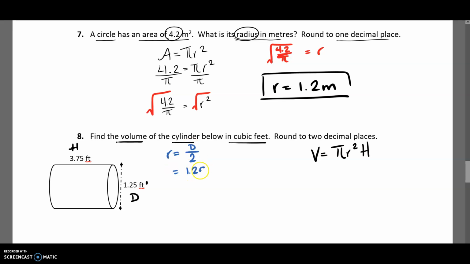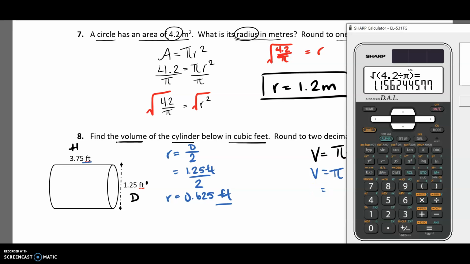So 1.25 feet divided by 2, my radius is 0.625 feet. I can see that my units are all the same, my radius is in feet and my height is in feet, so I can substitute into my equation. Volume is pi times the radius, 0.625, squared, times the height, 3.75 feet.